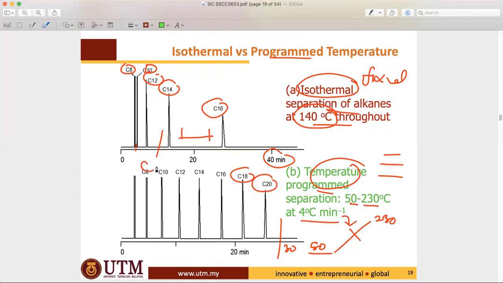All of the peaks are well resolved. It is not too long or too short. That's how you use temperature programming. You can manipulate the temperature to achieve a good separation.